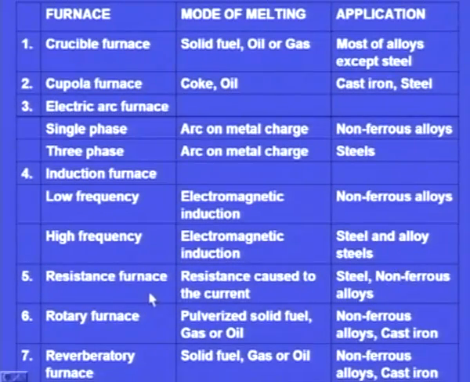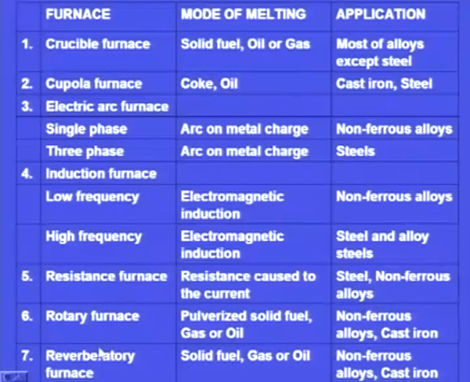We have learnt the resistance furnace, and what is the principle? The mode of melting is the resistance is heated up when we pass the current, and because of that heat the charge is melting, and it is used to melt steel and non-ferrous alloys.